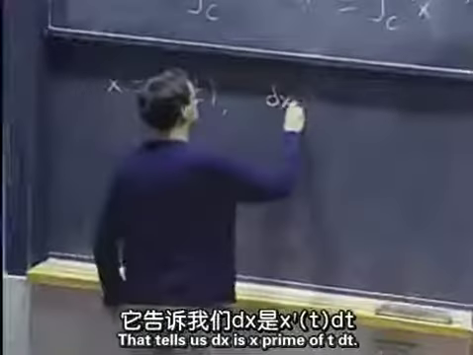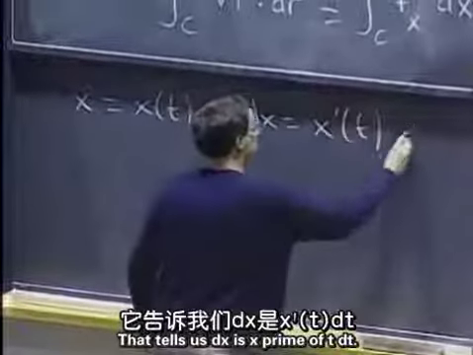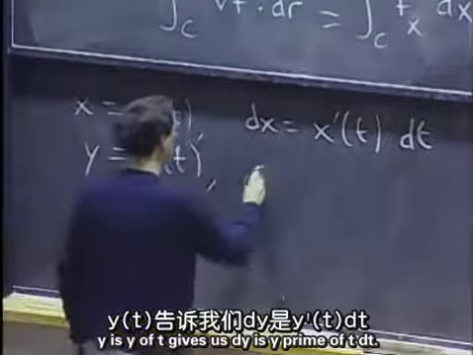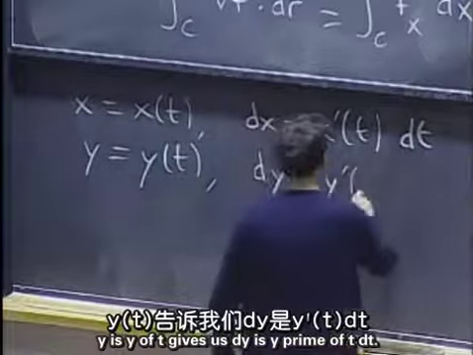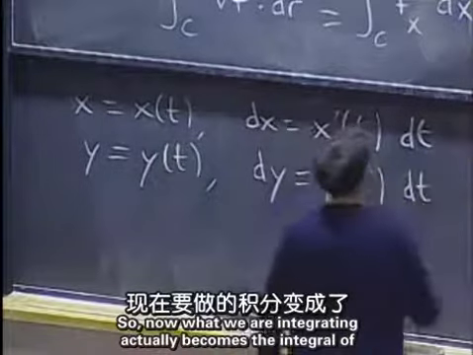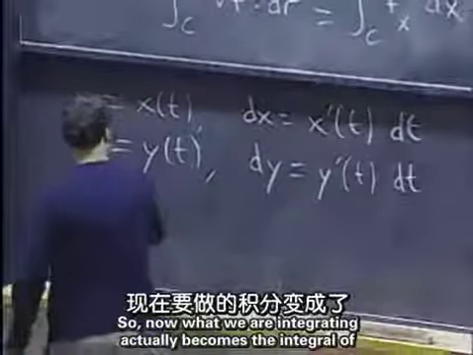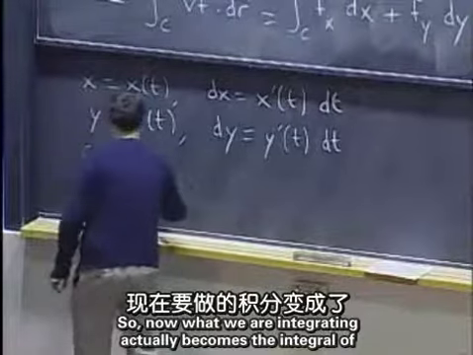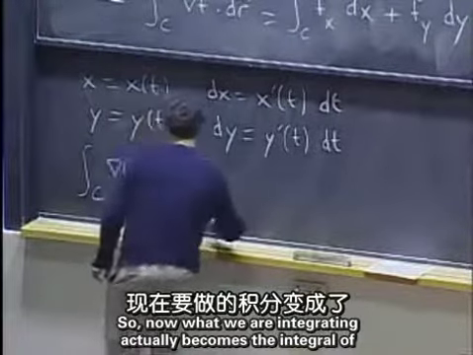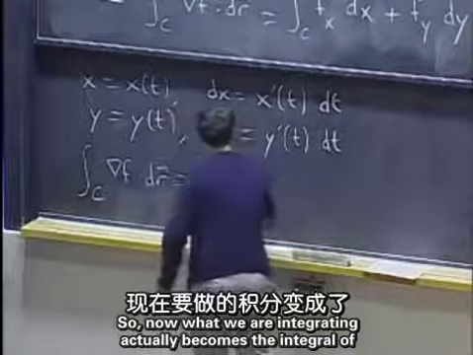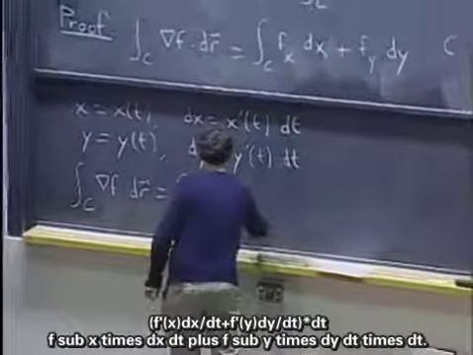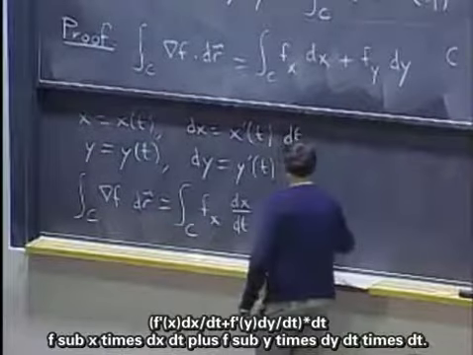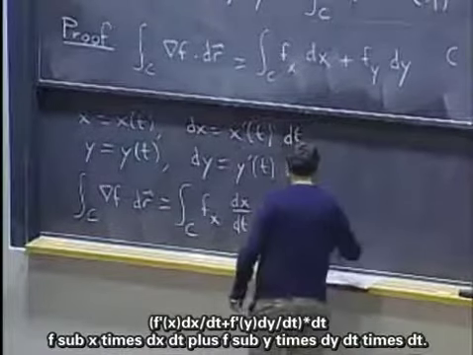That tells us dx is x prime of t dt. y is y of t, gives us dy is y prime of t dt. So now what we are integrating becomes the integral of f sub x times dx/dt plus f sub y times dy/dt, times dt.